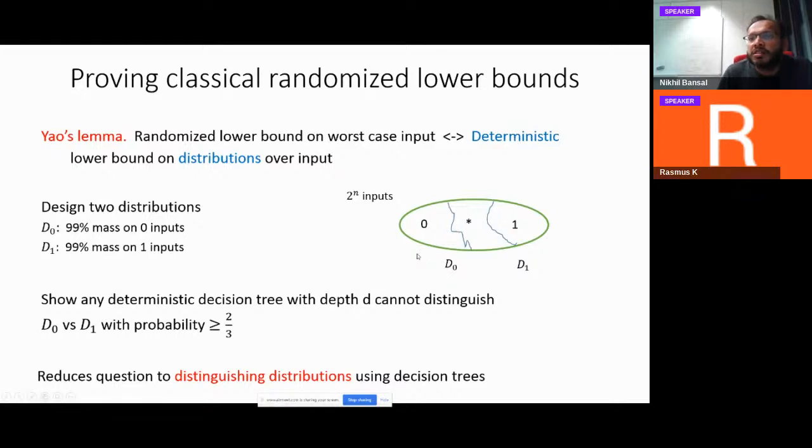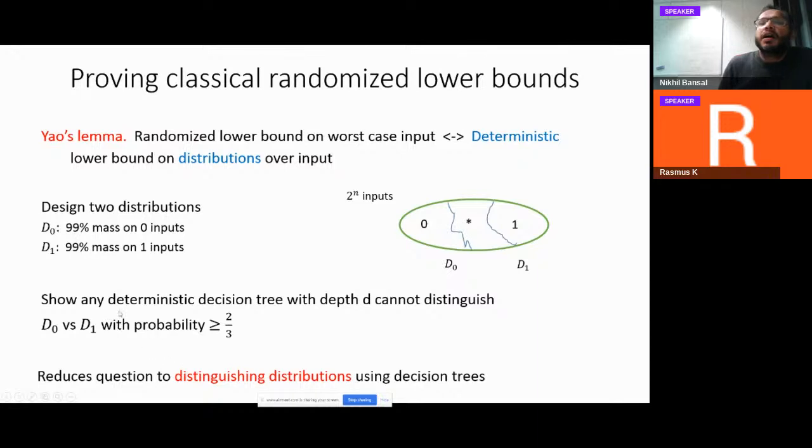Let me make this more concrete if you haven't seen it. Our goal while proving a randomized lower bound is to come up with two distributions, D0 and D1, where D0 is mostly distributed on the 0 inputs, maybe with most of the mass here and some of it there, and D1 will be mostly distributed on 1 inputs.